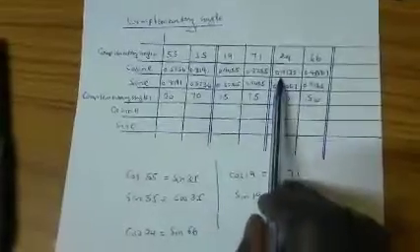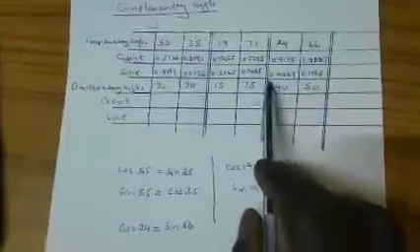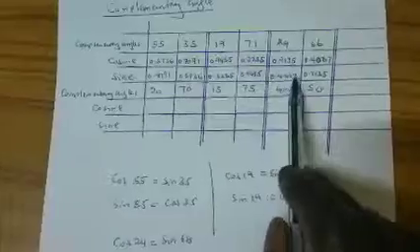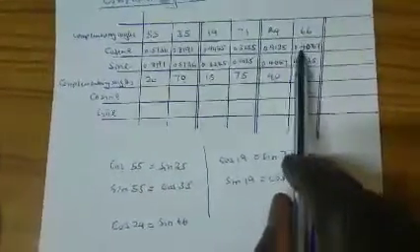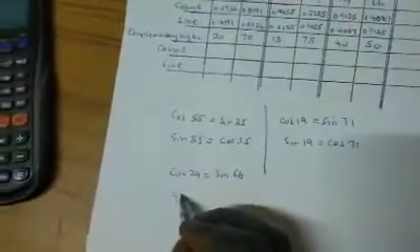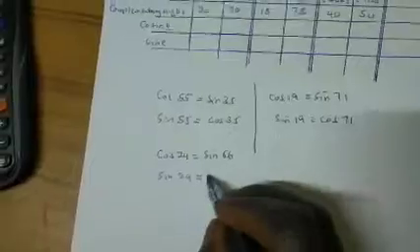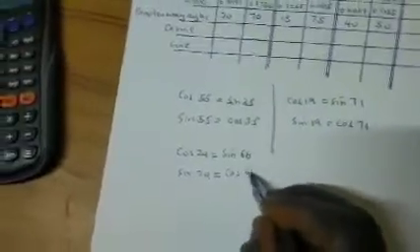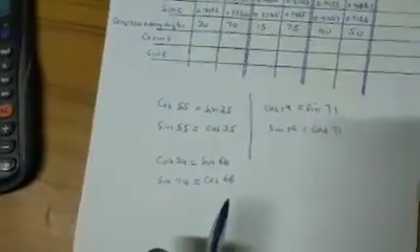Also, when we check the sine of 24, it is 0.4067 and cos of 66 is 0.4067. Therefore, we also realize that sine of 24 is equal to cos of 66.